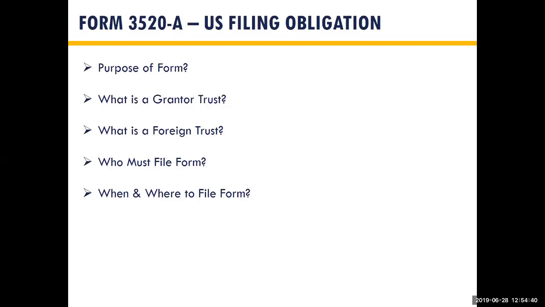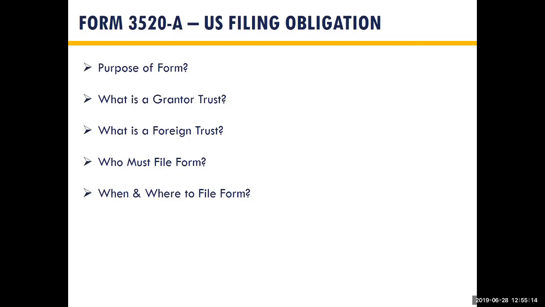It's a trust where the grantor owns all of the assets or has substantial control over the assets. He would be the grantor of it. And a foreign trust is when a court in a foreign country can exercise primary jurisdiction over the trust and not a U.S. court.